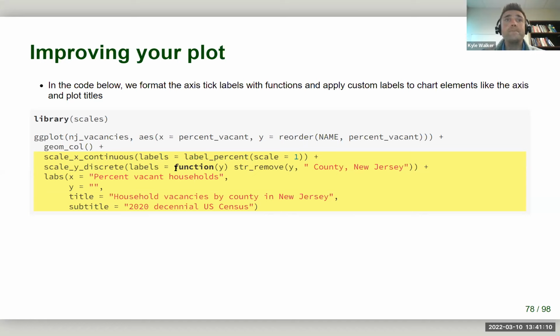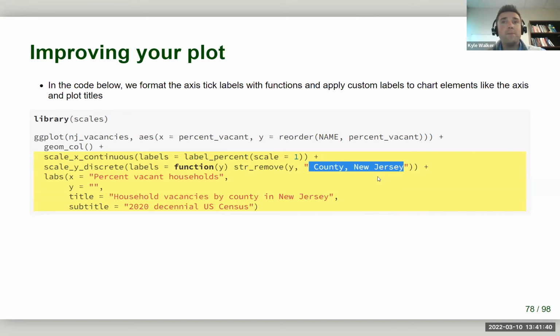What this is doing, to translate if you're less familiar with R, is saying that for every y-axis tick label, which we're going to call y, use the str_remove function, which is a function in the stringr package that loads with the tidyverse, to take that text and get rid of ", County, New Jersey".